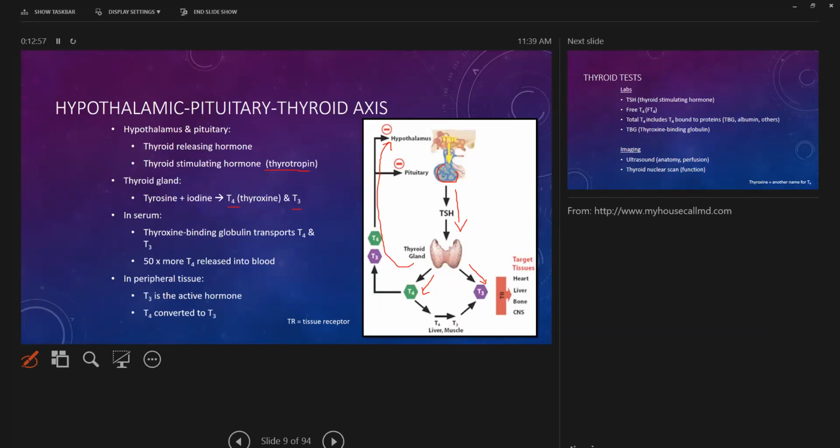In the serum, then, there's thyroxine binding globulin, so this is the car that is going to transport T3 and T4 wherever it needs to go. And so that's why we want to monitor these, because if there's not enough of those, then you can't transport T3 and T4 very well.